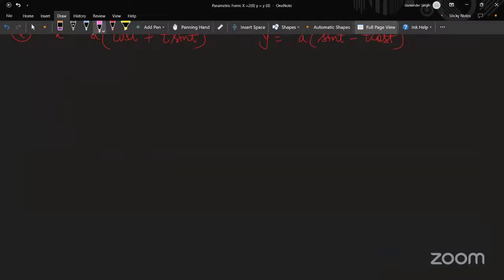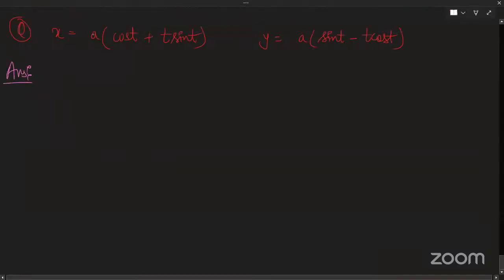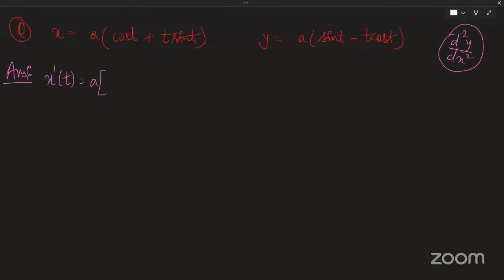Now it is asking you the value of d2y by dx square.